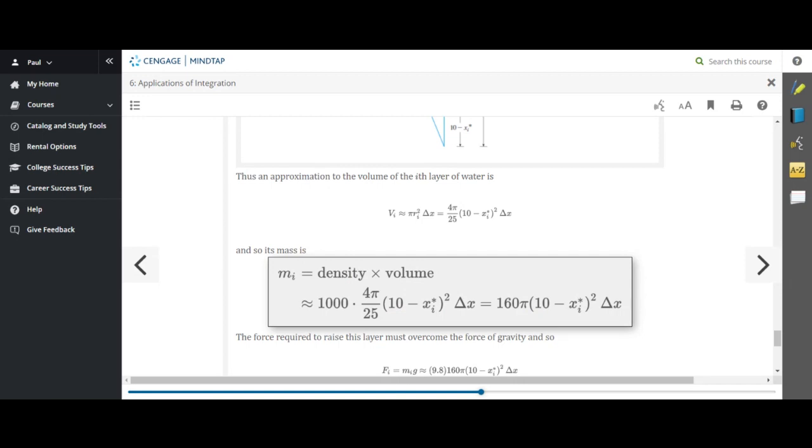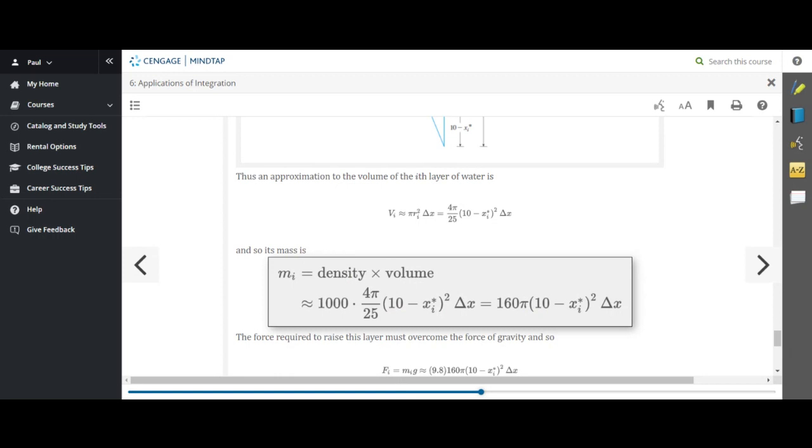So we take the 1,000 and multiply by the volume. When you work that out, 1,000 divided by 25 is 40, and 40 times 4 is 160. So the mass is 160 times pi times 10 minus xi, that quantity squared, times delta x.